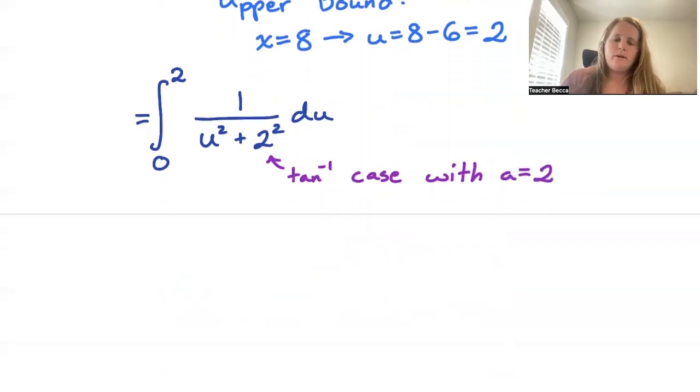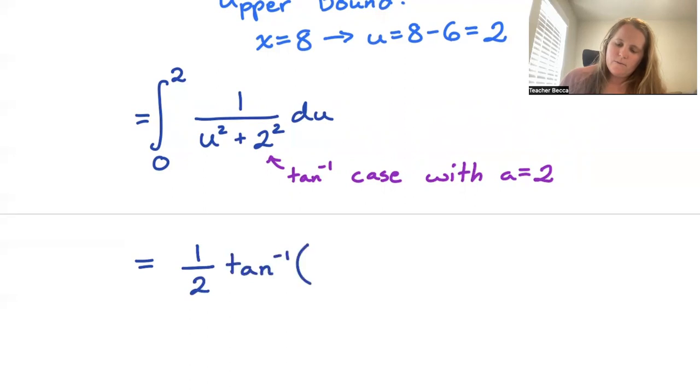So we know an antiderivative for that. We have 1 over a, so 1 over 2, tan inverse of u over 2, and then we're evaluating from 0 to 2.